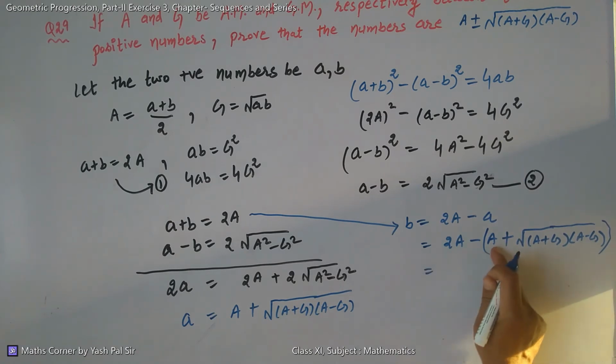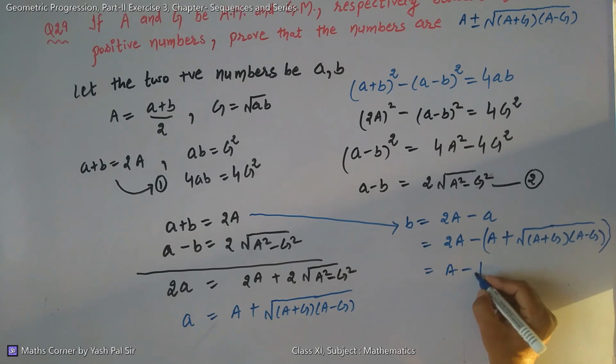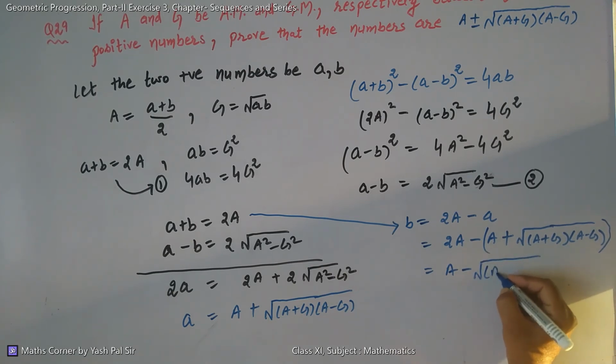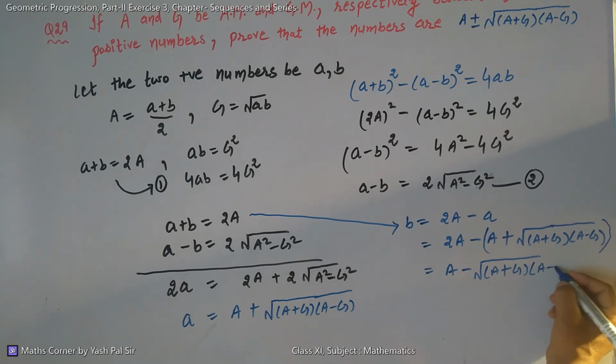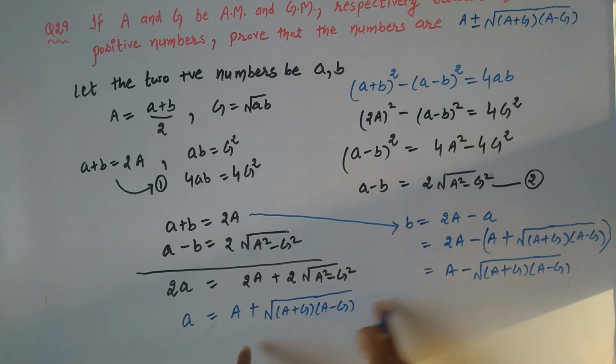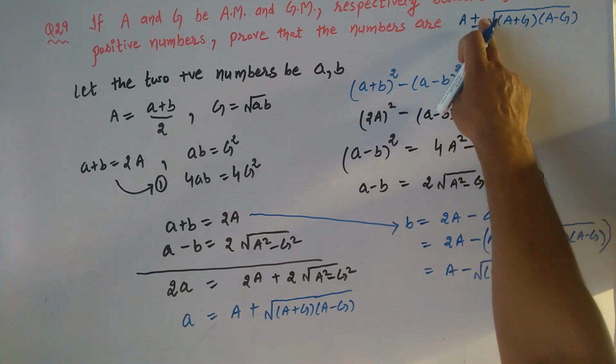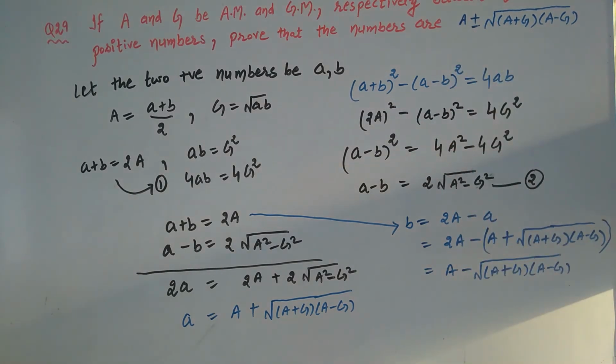This means 2a minus a minus square root of a plus g into a minus g. So a is this, b is this. One is plus, second is minus. That's why two numbers are, one is plus, second is minus. Hence the result. Now next question.